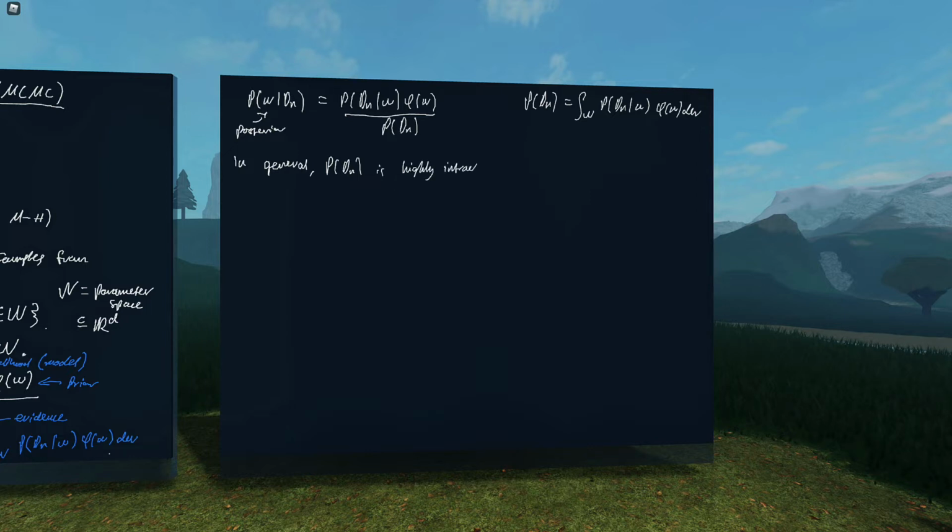So there are a few pathological examples where the evidence is tractable when you've got a very small dimensionality of the parameter space, and when you pick the likelihood and the prior such that they essentially combine in a nice fashion. So the key word there is something called a conjugate prior.